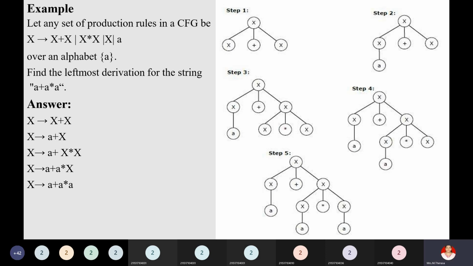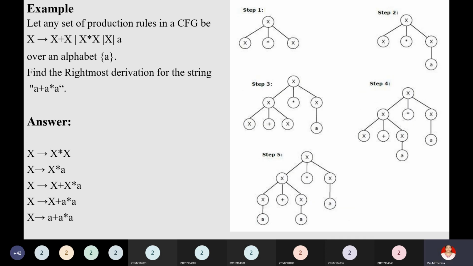Next we have only one that can be replaced by a. So the intended string we are required to derive is a plus a star a, and we can stop the derivation here. Look here, all the leaf nodes are terminals. Other than the leaves, all other nodes are non-terminals, the variables, and always the root node contains the start symbol.